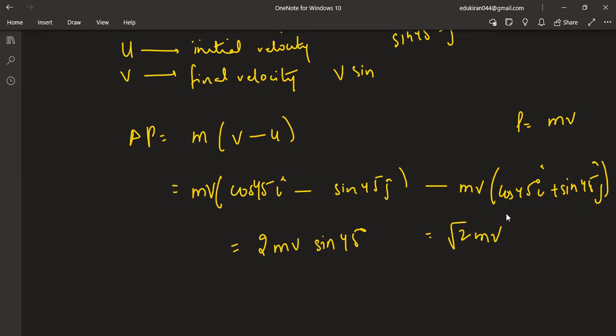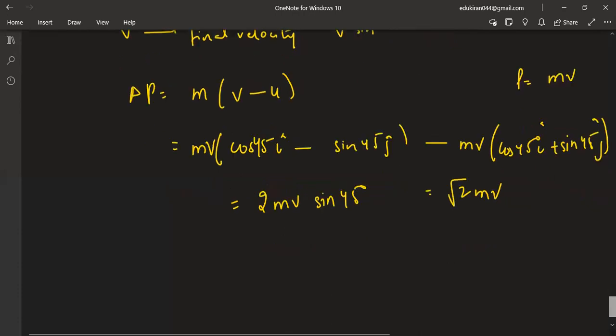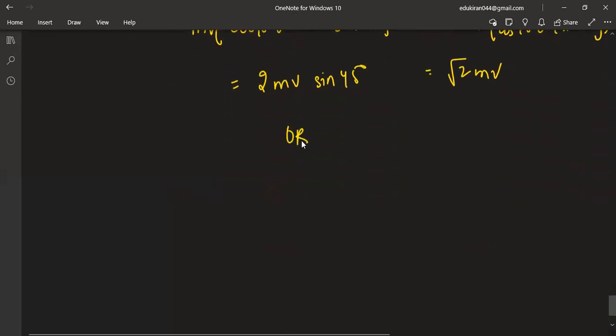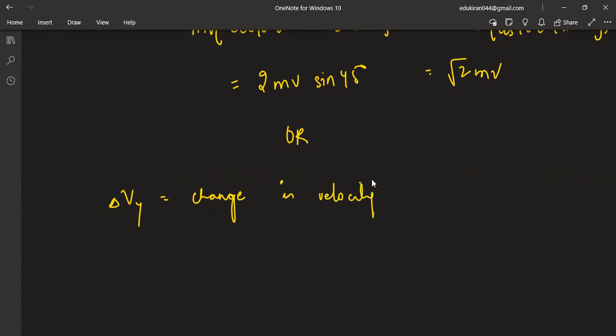Another method which I was saying, the alternative method, is that you can take the change in velocity separately across the y-axis, because across the x-axis it will cancel each other. So across the y-axis, this is the change in velocity, delta v.